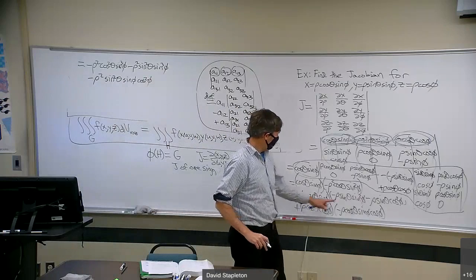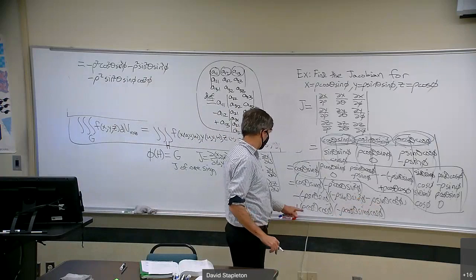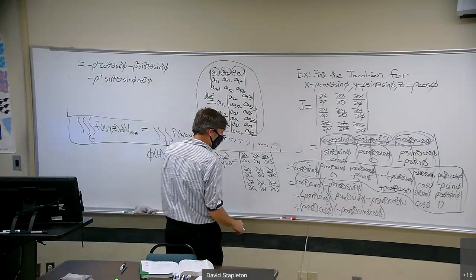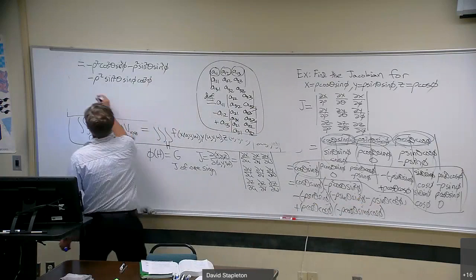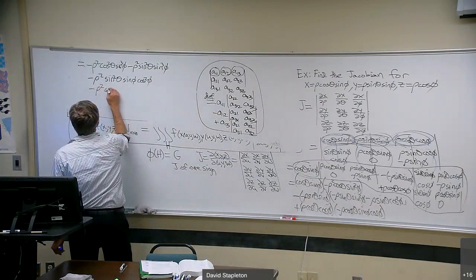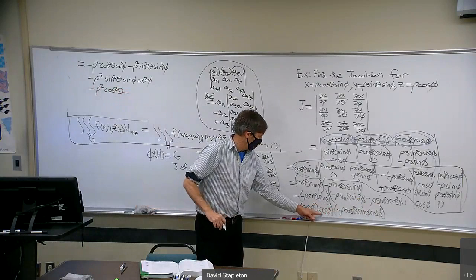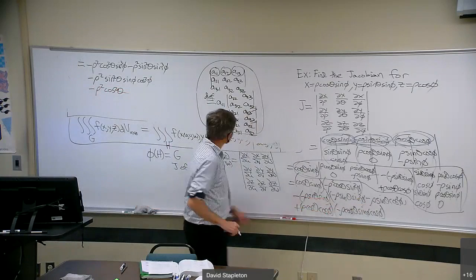That's this times this. And then plus this times this is minus rho squared cosine squared theta sine phi cosine squared phi.